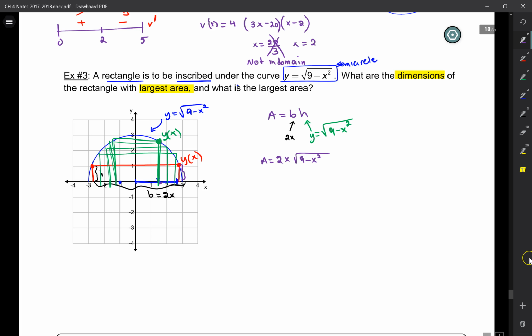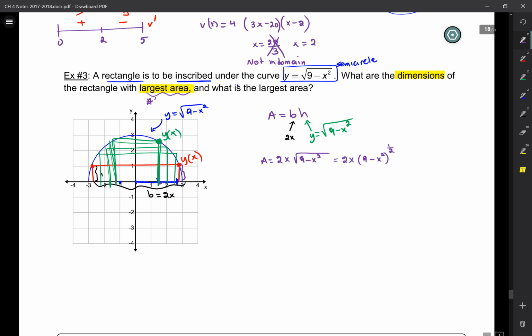Because we want the rectangle with the largest area, that means take A prime. So let's rewrite A so that it's in a form that is more simple for us to take a derivative.